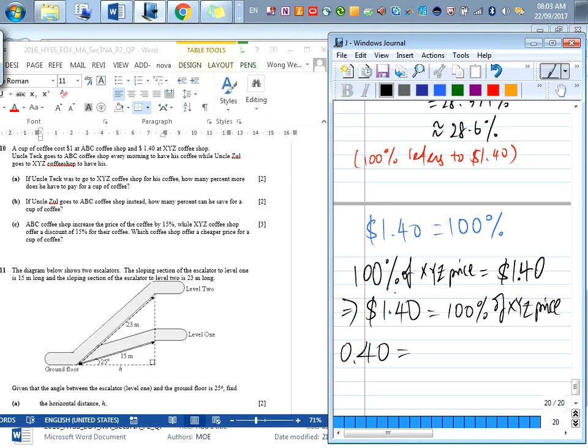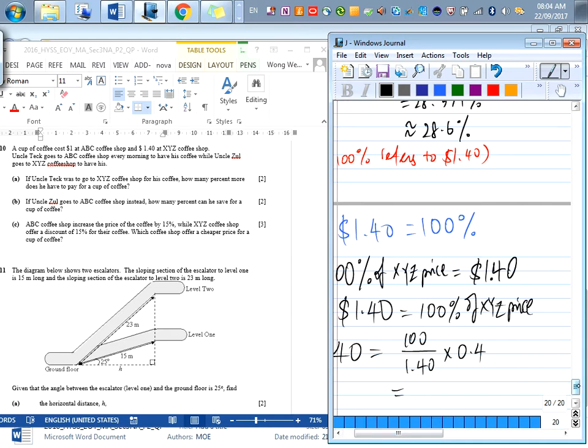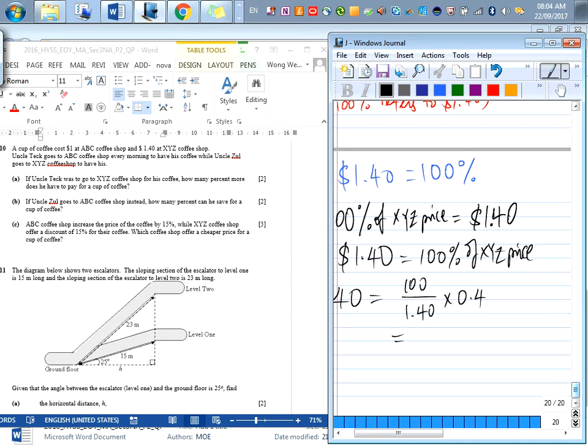40 cents. So since this one is 100%, then 40 cents will be 100 divided by 1.40 times 0.4. This will also give me in percentage. Okay, no, this is not 40. So 100 divided by 1.4 times 0.4.